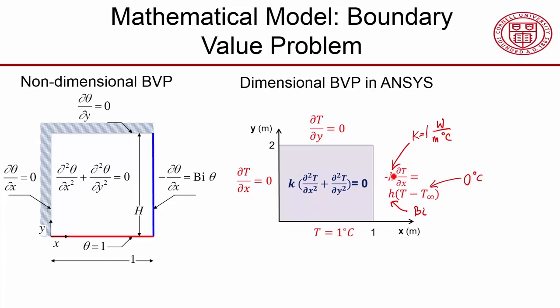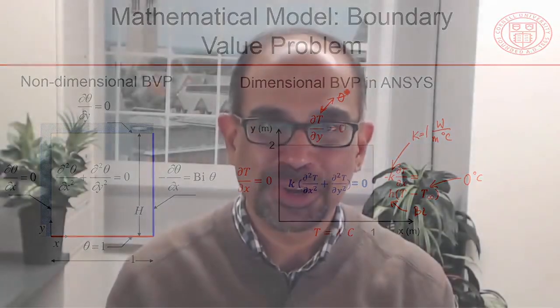When I do that, this boundary condition looks exactly the same as that, and then this dimensional boundary value problem looks exactly like the non-dimensional boundary value problem. And ANSYS will report the temperature in degrees Celsius, but I can interpret that as a non-dimensional temperature theta. Okay, so T and theta will be the same if we do that. So that's a trick to solve that non-dimensional problem in ANSYS.